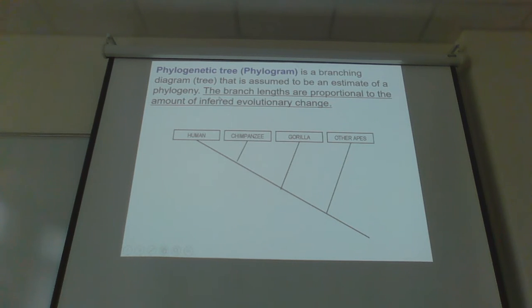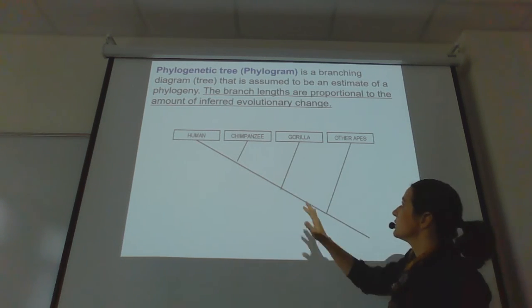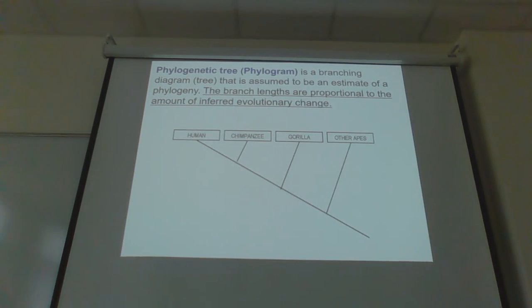Okay, so again, there are many synonyms of phylogenetic tree. You can call it also phylogram. This is one example that wants to highlight a little bit of our history, okay? So, you know that we are very related to chimps and gorillas and, of course, other apes.